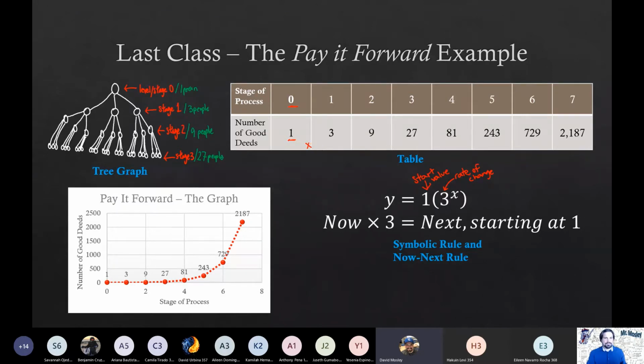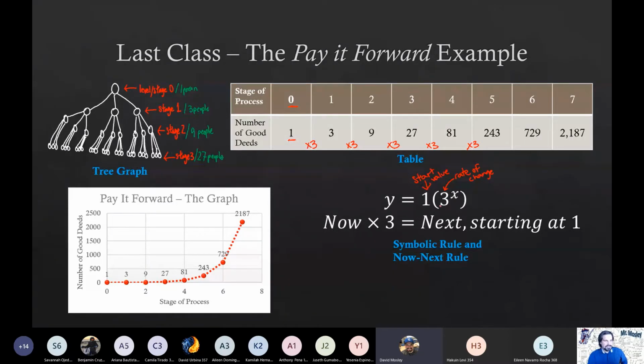Right? So a lot of these same ideas that we used in the previous unit are still here, right? They just have a slightly different look to them because instead of adding, we're multiplying. That is basically the only difference, right?